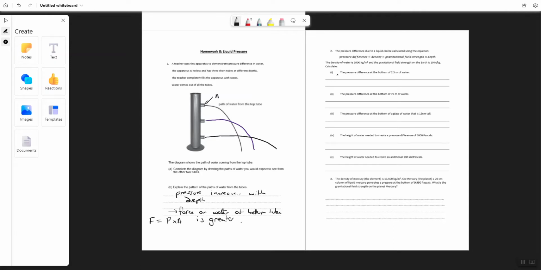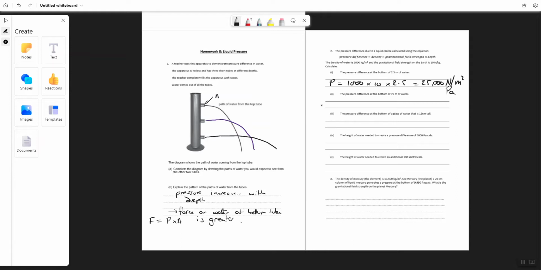So we end up with pressure is equal to density, so we've got 1,000 times 10 times 2.5. So that is 25,000. And our unit here is newtons per square meter or pascals.